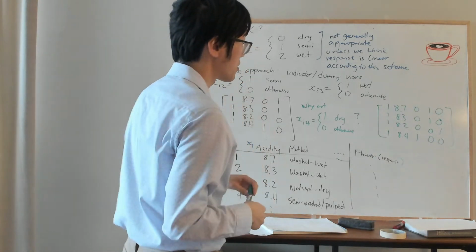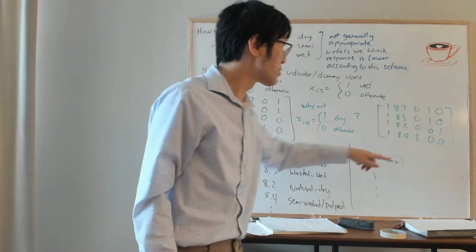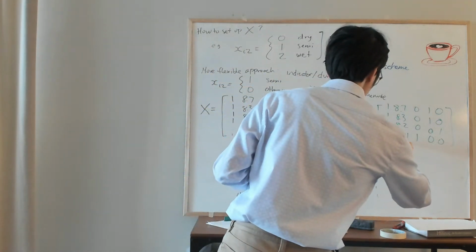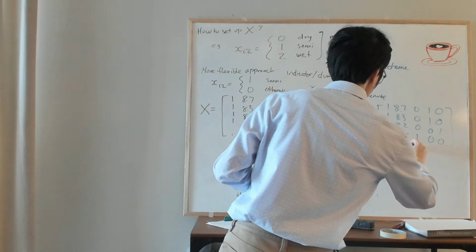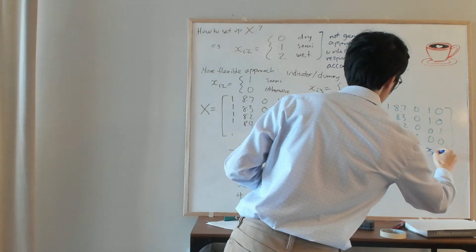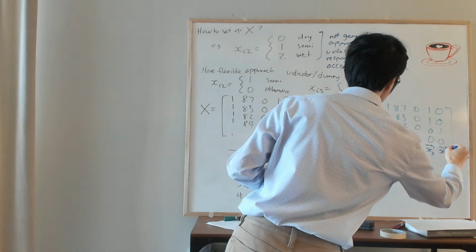Now you notice that this matrix has linearly dependent columns. We have a vector of ones, the x1 column, and then x2, x3, and x4.